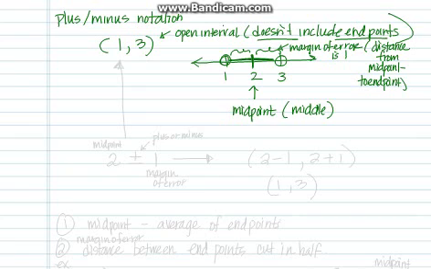And the way that we would write down our plus minus notation for this particular interval 1, 3 is to say that we have 2, this is our midpoint, plus or minus the distance that you would move to the right and to the left to get to your endpoint. So in our case, it's 1. So the way that we could convert that back into an interval is to say, okay, well, 2 minus 1 gets us one endpoint, and 2 plus 1 gets us our other endpoint, which would be 1, 3.